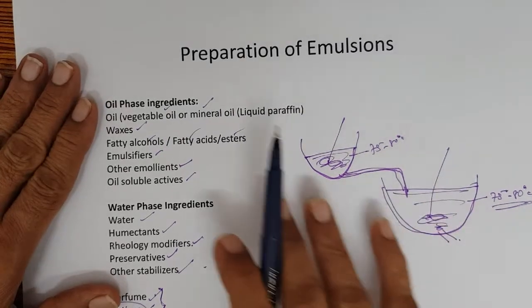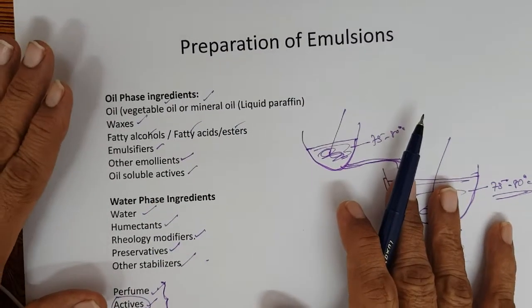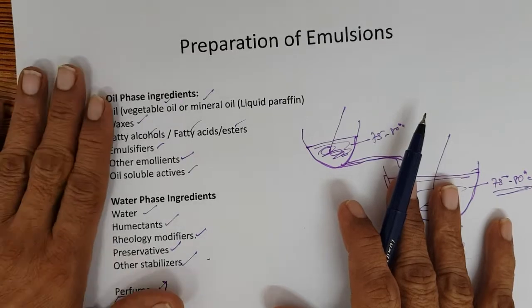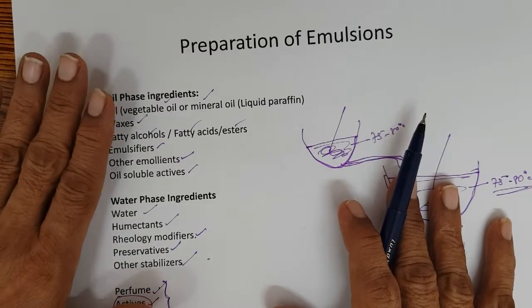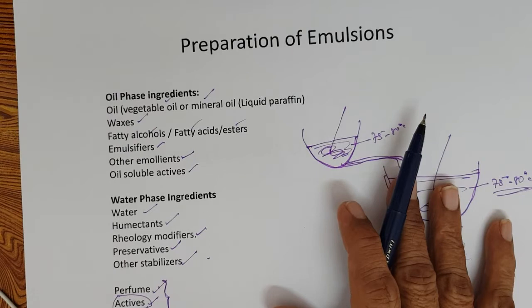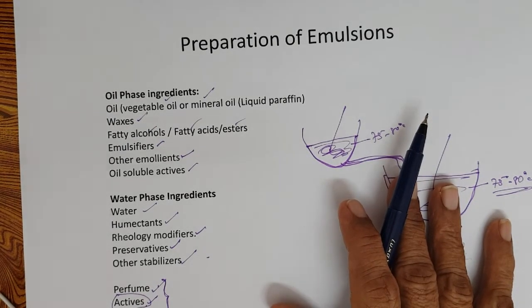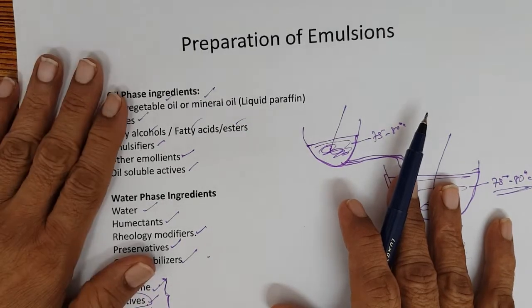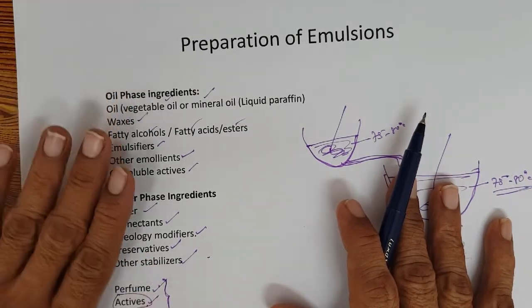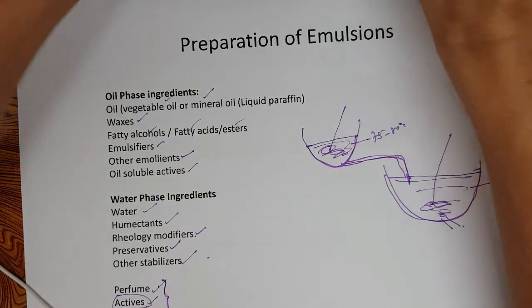This looks simple because we assume your formulation is ready. That is the challenge, right? We discussed formulation development in the last session. So once the formula is developed, this is how it has to be made, right?